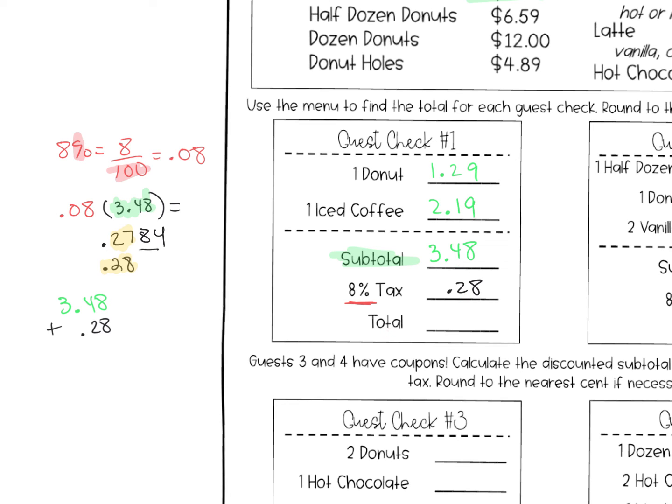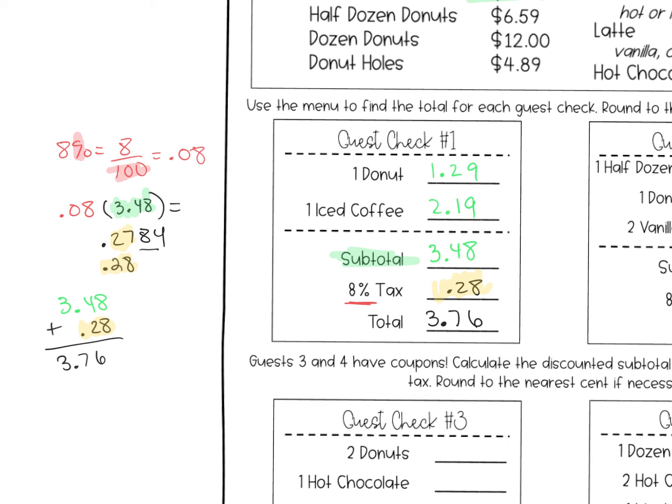How do I find my complete bill? I add it all together. So $3.48 plus 28 cents is equal to $3.76. So your total bill is $3.76. Okay? All right, hopefully this highlighting helps you remember where the numbers came from.